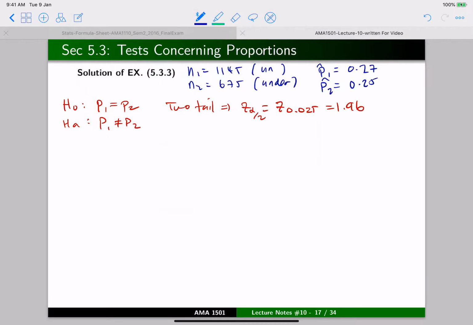Let's calculate our test statistic now. I'll just insert the numbers.